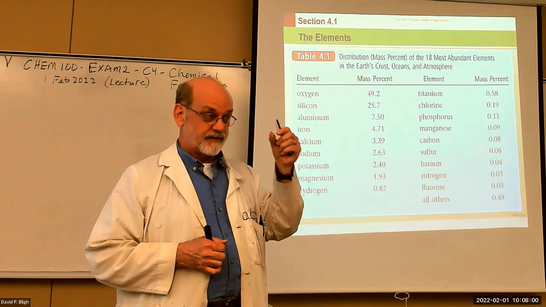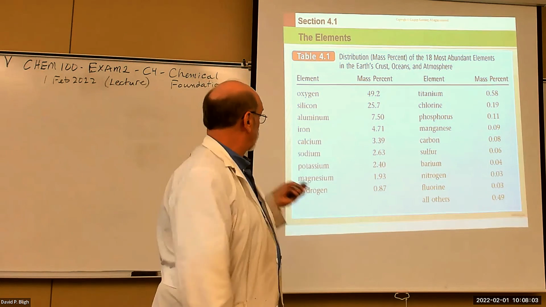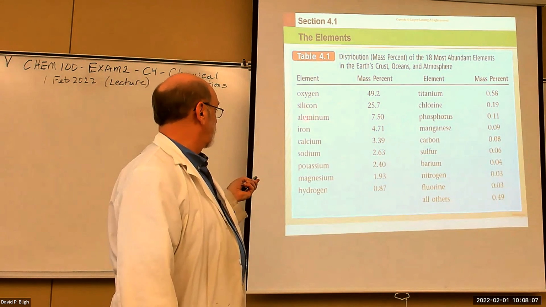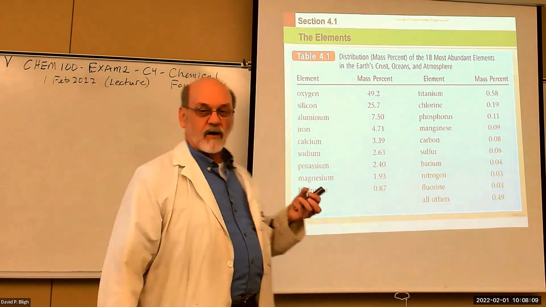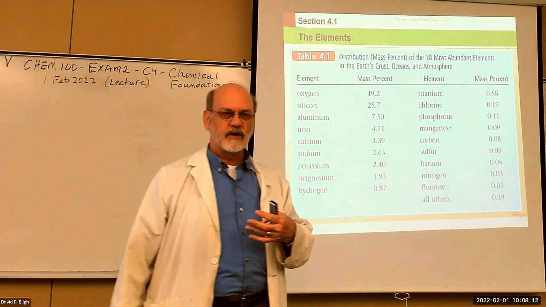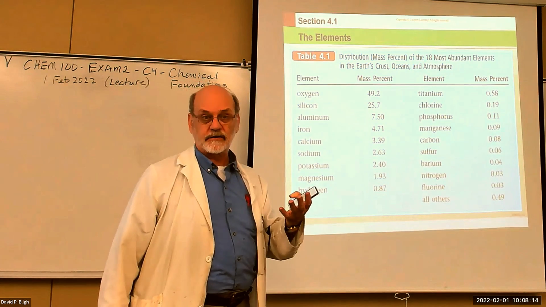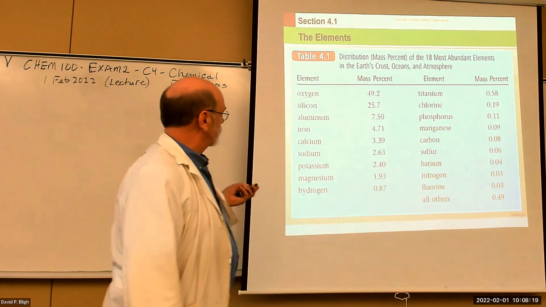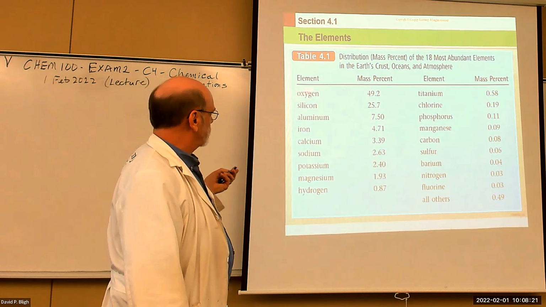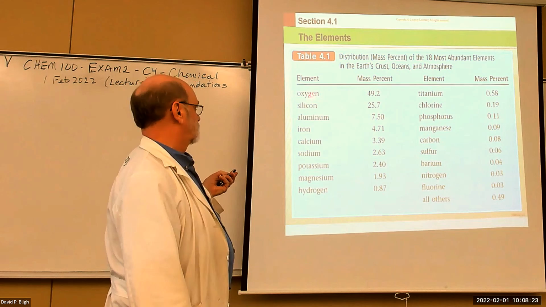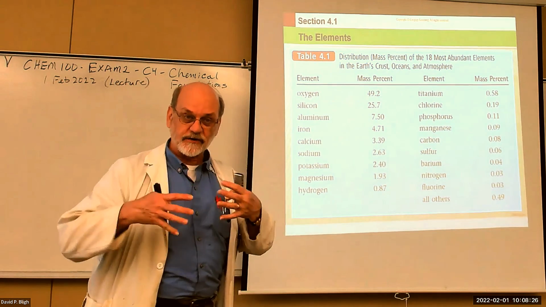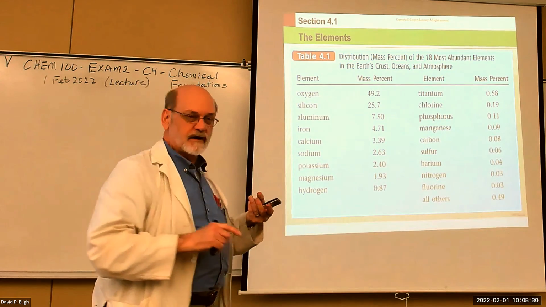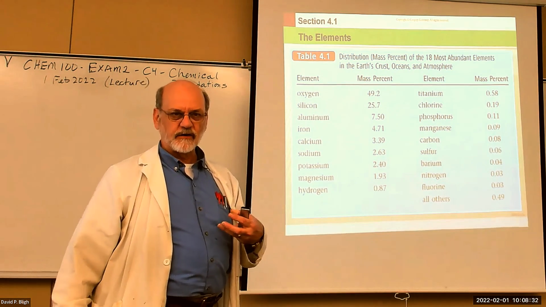In fact, at the atomic level, silicon, aluminum, iron are extremely abundant in the soils, and the soils are derived from the rocks underneath them. So the crust of the earth has these major components. Well, now I'm talking about the crust. Oxygen, silicon, aluminum, iron, those are extremely abundant in the Earth's crust.